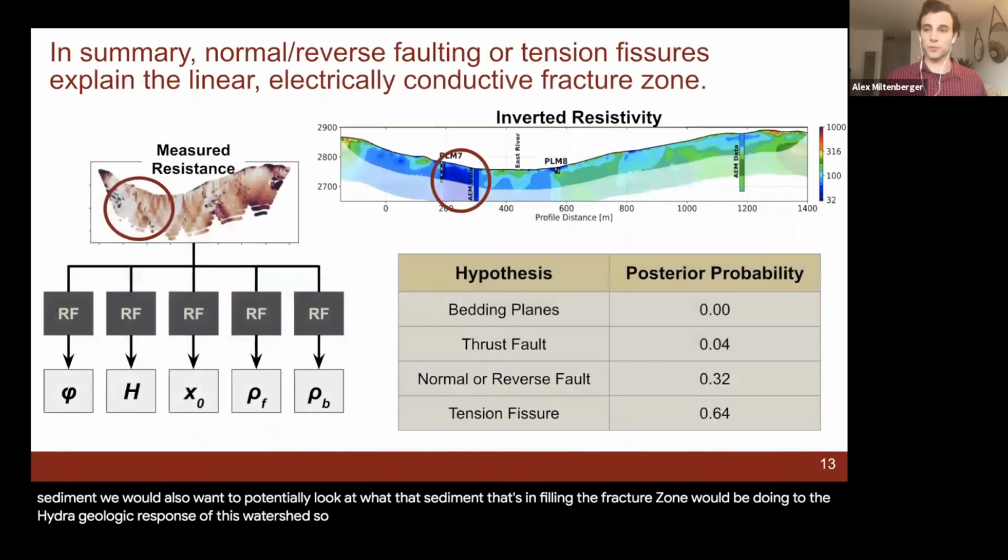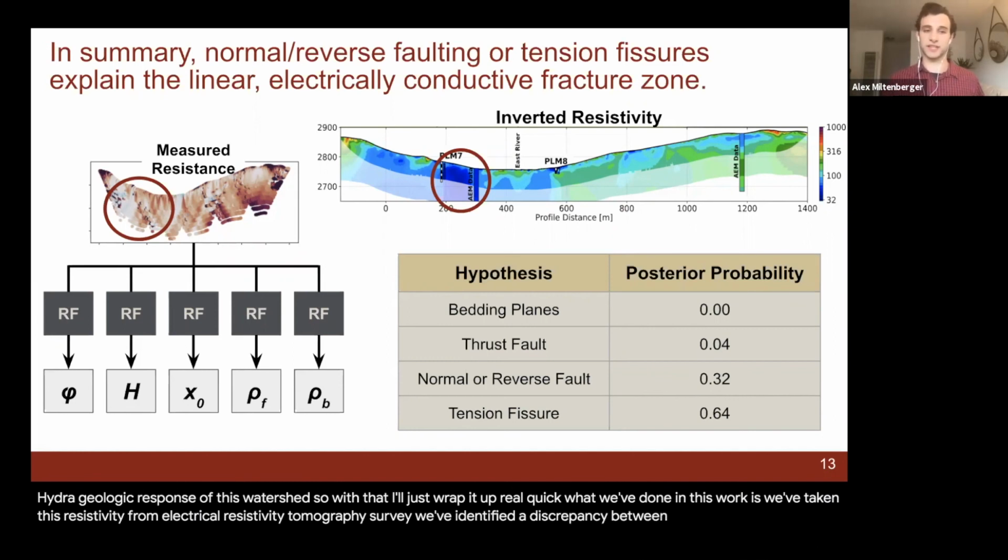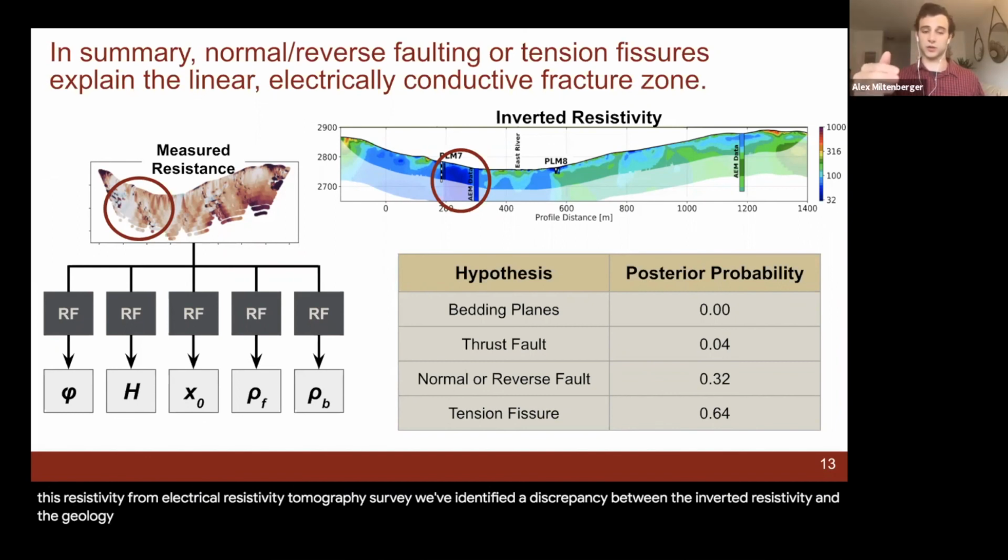So with that, I'll just wrap it up real quick. What we've done in this work is we've taken the resistivity from an electrical resistivity tomography survey, and we've identified a discrepancy between the inverted resistivity and the local geology.